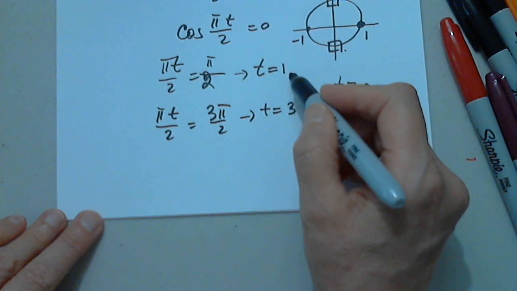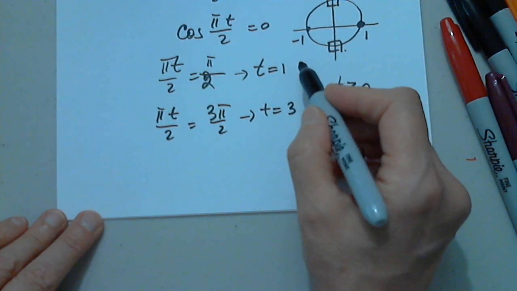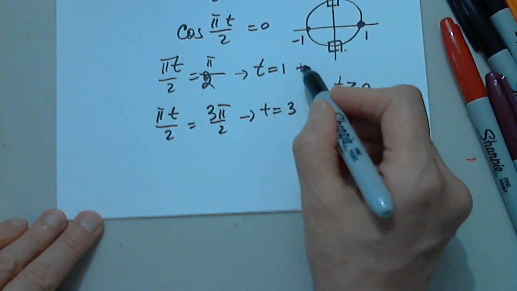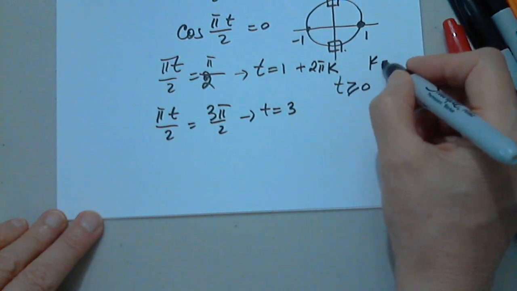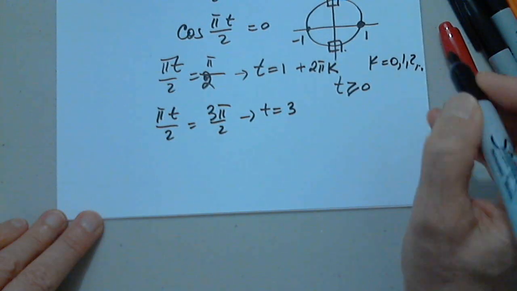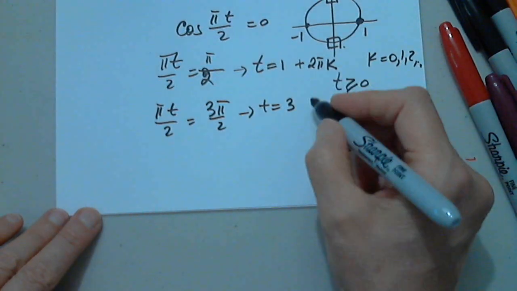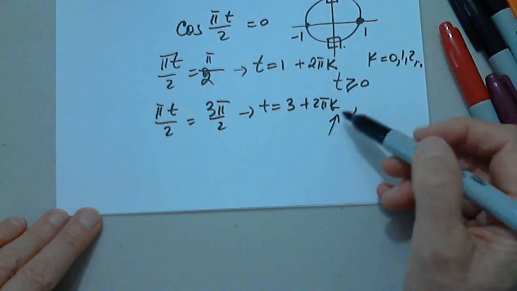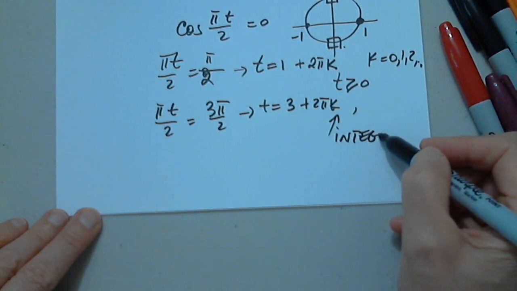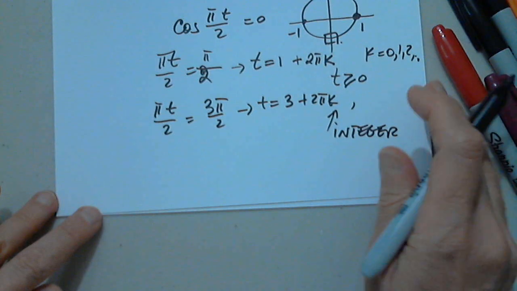Here t equals 1, and I have to write t equals 1 plus 2 pi k, where k is 0, 1, 2, and so on and so forth. The same thing here, plus 2 pi k. K is an integer. So what does this mean?